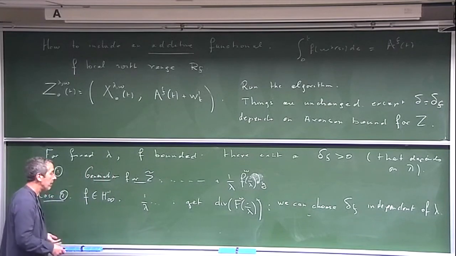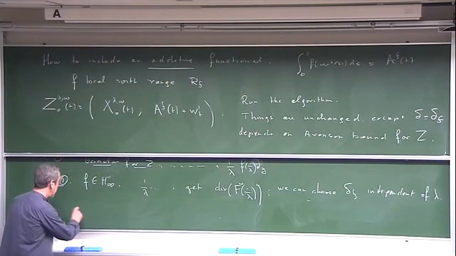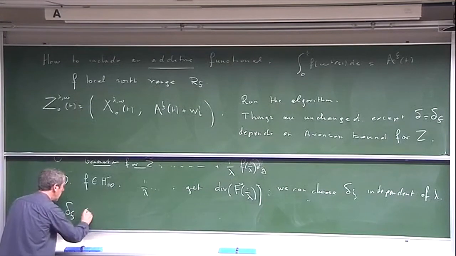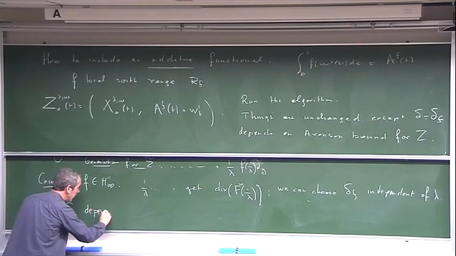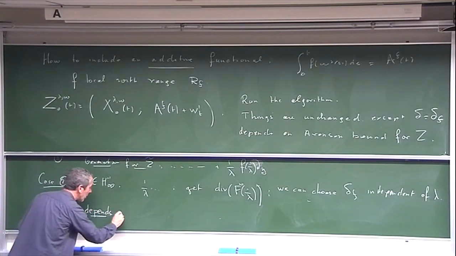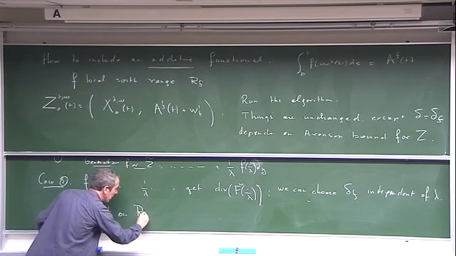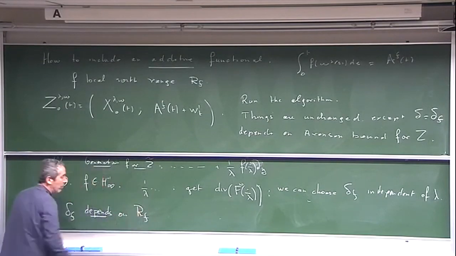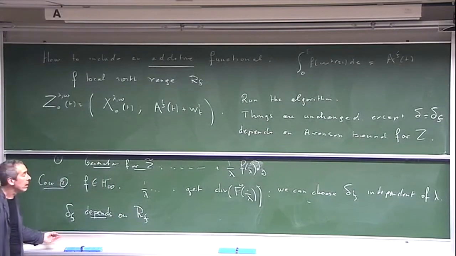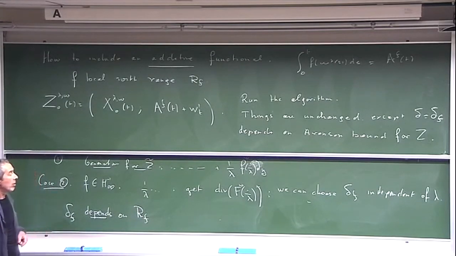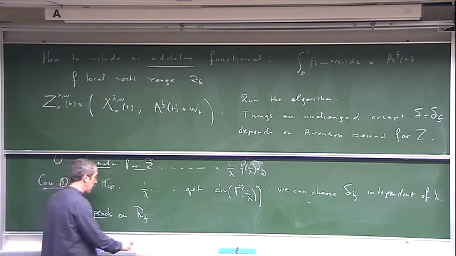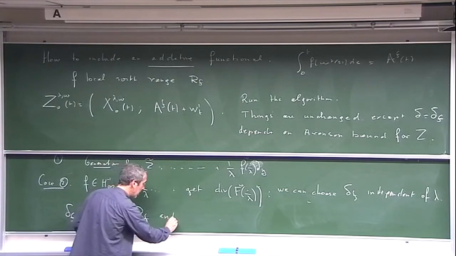So actually, delta F depends on F, so it depends on the range of the support of F, and then it depends on F, depending on the case.